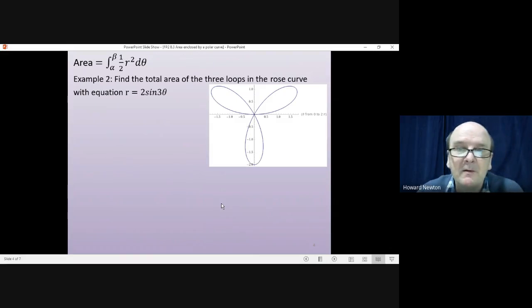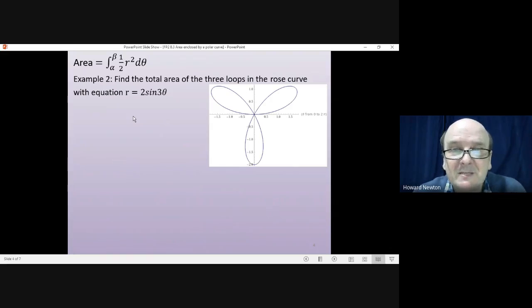Example 2, find the total area of the 3 loops in the rose curve with equation r equals 2 sine 3 theta. Now, there is an issue with integrating here, which is that the curve is only defined for certain regions. From 0 to pi by 3 it's defined, but then for this region between pi by 3 and 2 pi by 3 radians, the curve isn't defined.